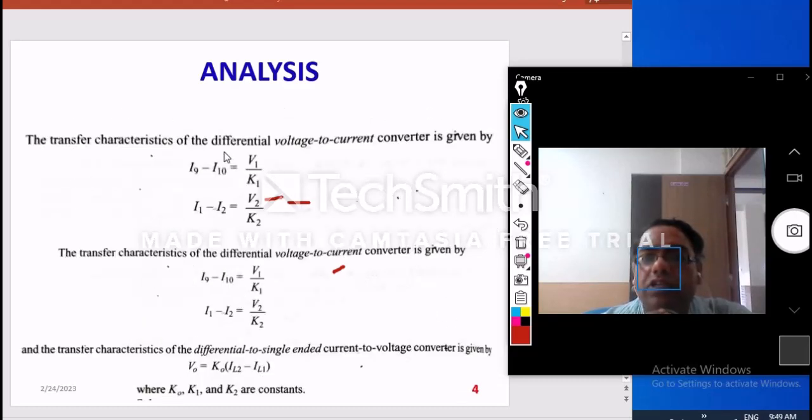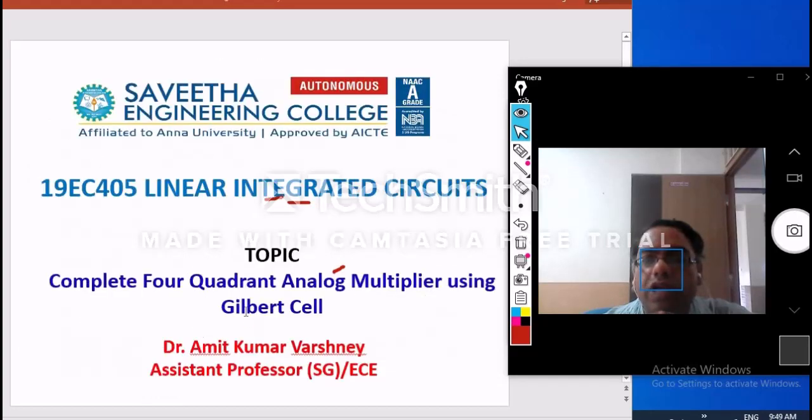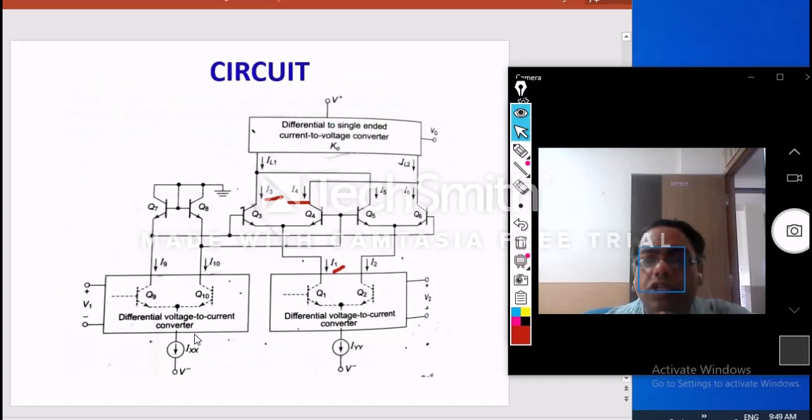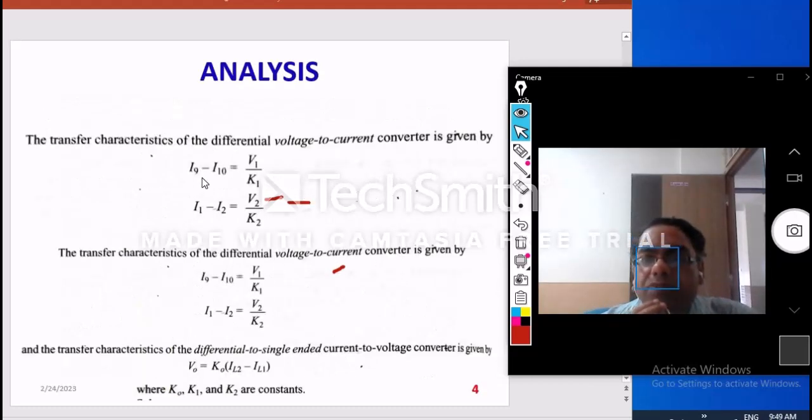Now the transfer characteristics. We have used voltage to current converters here, as well as this current to voltage converter, and these have various transfer functions. These transfer functions can be written like this: I9 minus I10 equals V1 by K1, and I1 minus I2 equals V2 by K2.